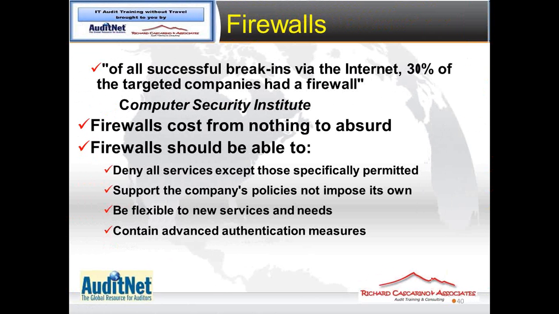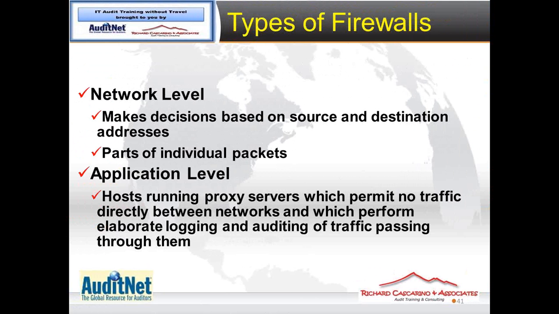Different kinds of firewalls. At the network level, the firewall will decide who has access to what based on where this came from and where this is trying to go to. Okay? It doesn't know who you are, it doesn't care who you are. What it cares about is the network address for the source and destination at the network level.